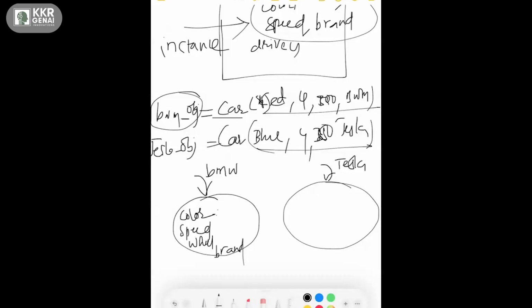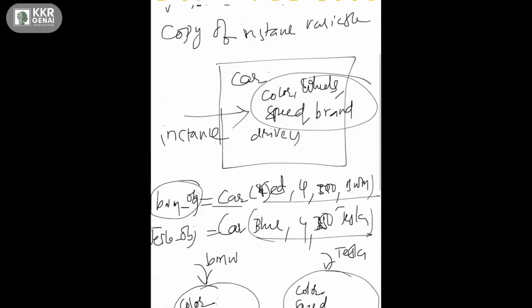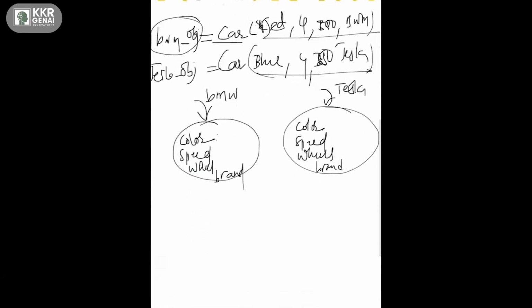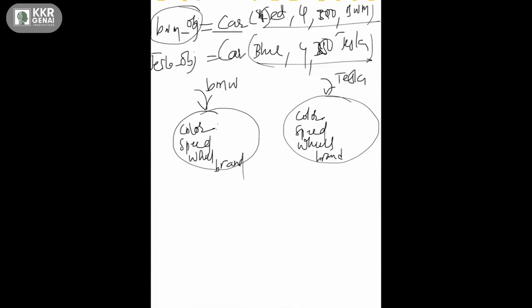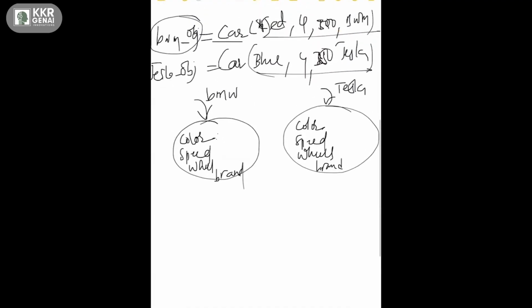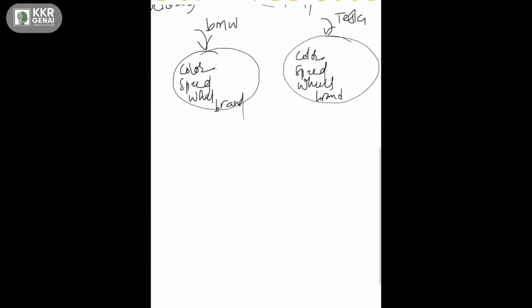Similarly, for the new object, you'll have all the parameters: speed, color, wheels, and brand. So if I create n number of objects and there are instance variables in my class, a separate copy of all the instance variables is created for each object.